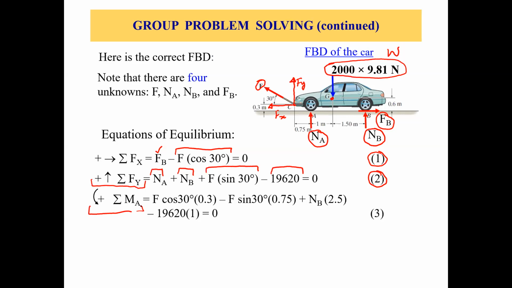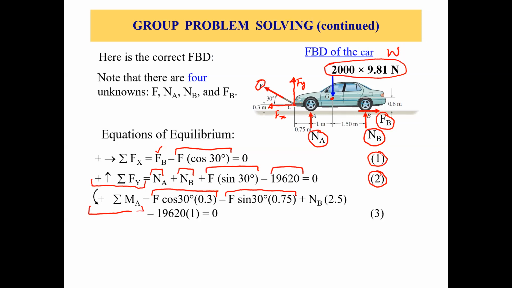So we have these 4 moments. F cosine 30 times 0.3: this is the x component of F creating a counterclockwise moment at point A, so 0.3 is the moment arm. Then the y component, Fy, creates a clockwise moment, and the moment arm is 0.75.